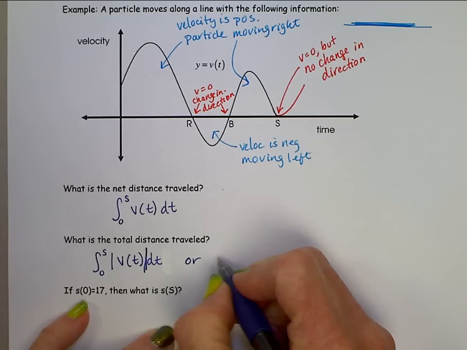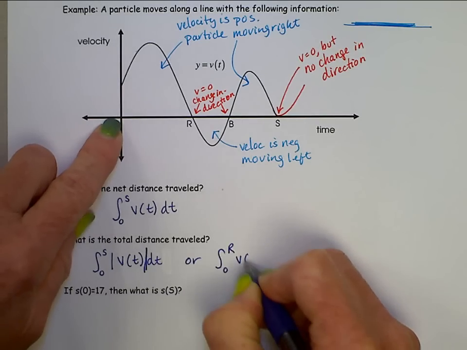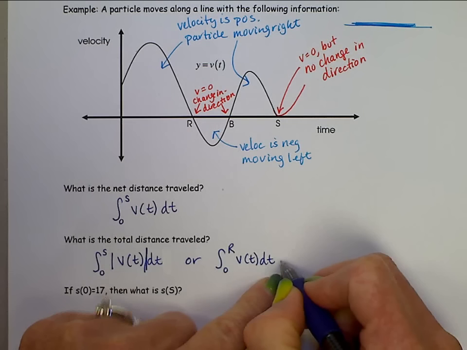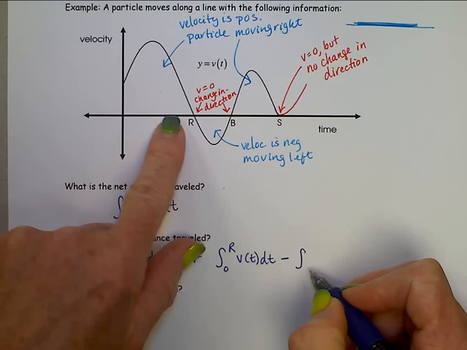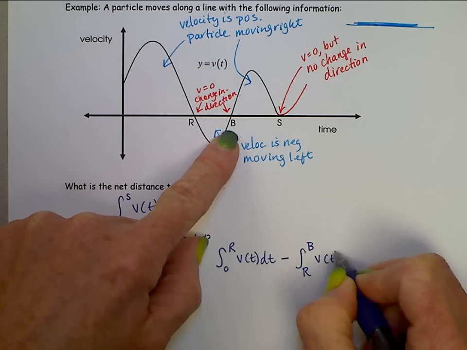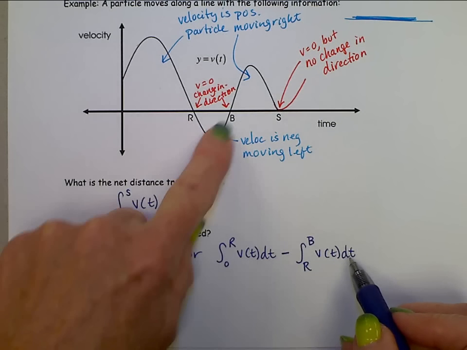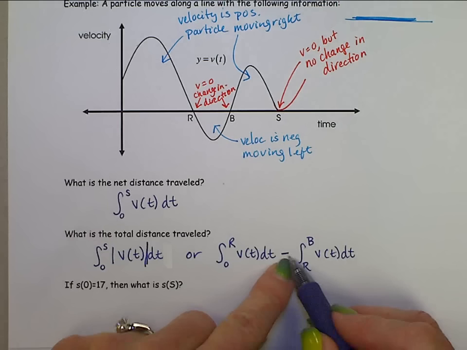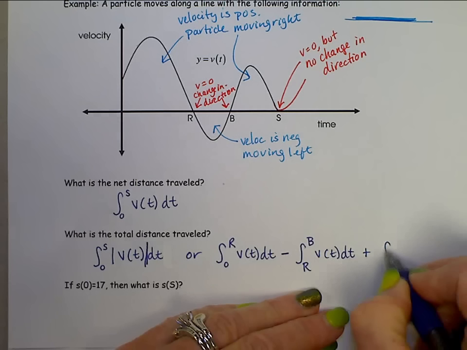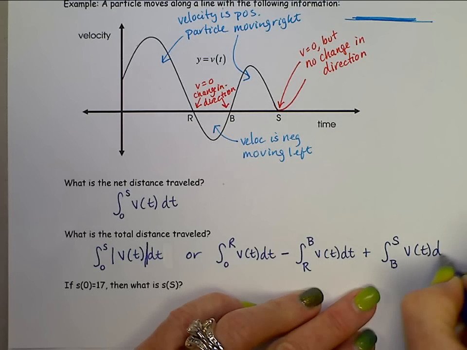So we could integrate from 0 to r of v of t dt, which is positive, then subtract off the integral from r to b of v of t dt, and the value of that integral is negative, so when we subtract it, we actually end up adding this value, plus then the integral from b to s of v of t dt.